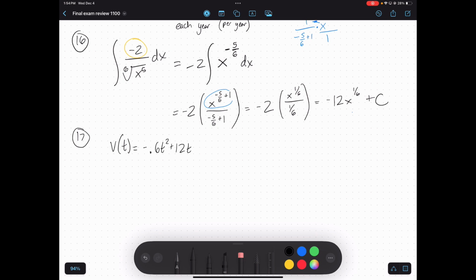Notice I'm using v for velocity. And now I want the distance for the first 6 seconds. How far does the particle travel after 6 seconds?